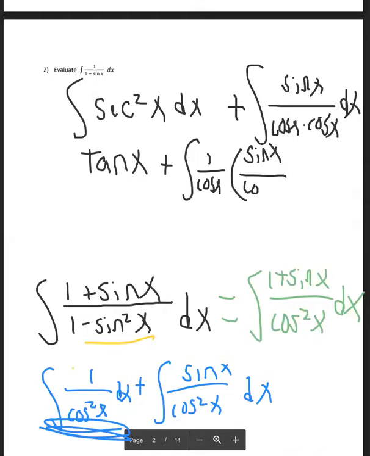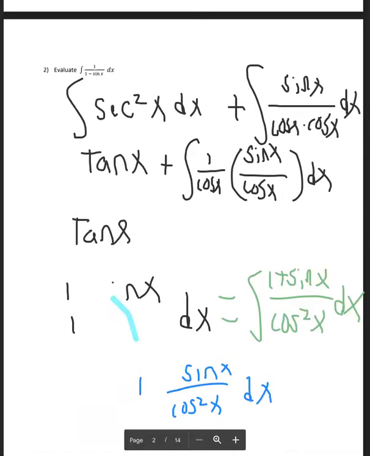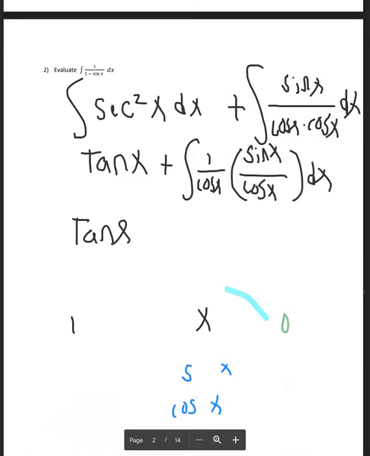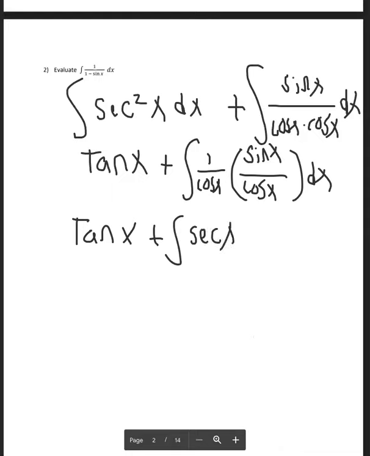The reason I did that is because, going back to those previous ones I had written, and let me just erase the bottom because it's getting a little confusing, when you rewrite these, I know that 1 over cosine of x is secant of x, and sine over cosine of x is tangent.